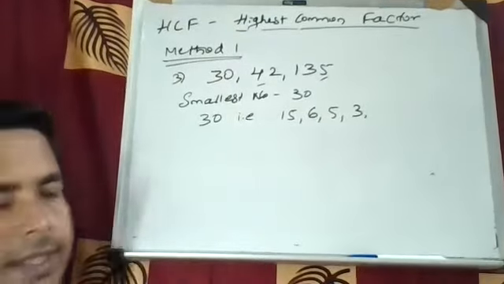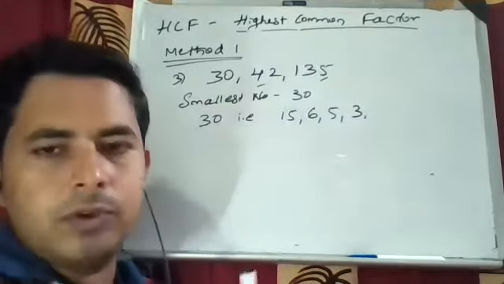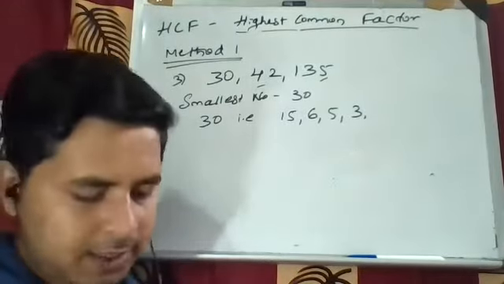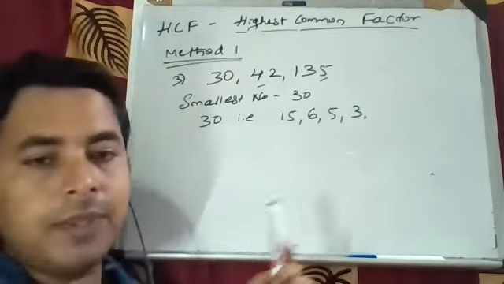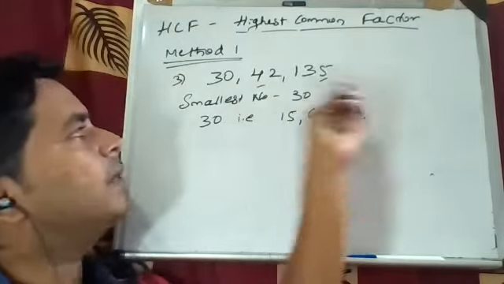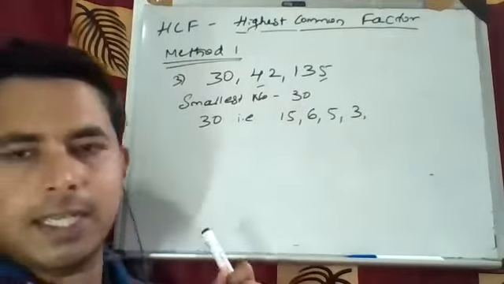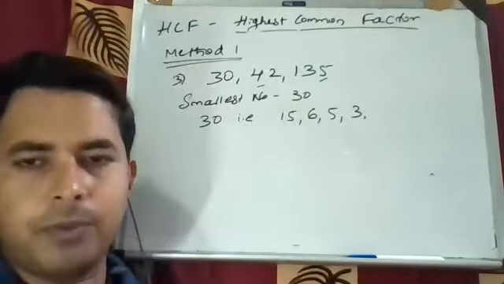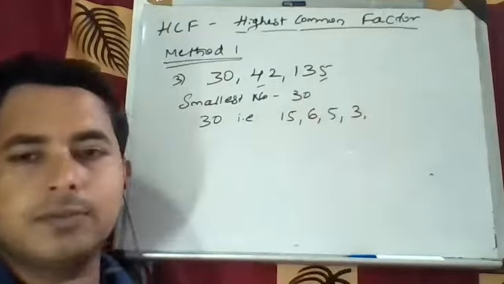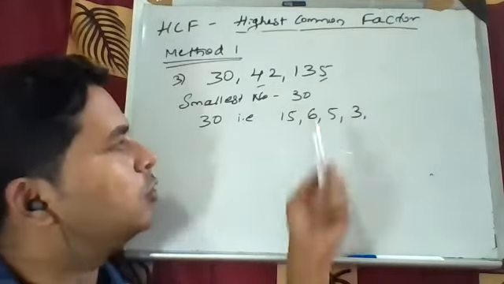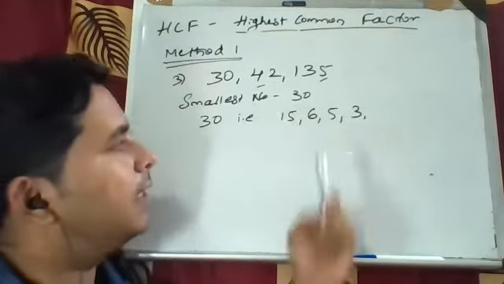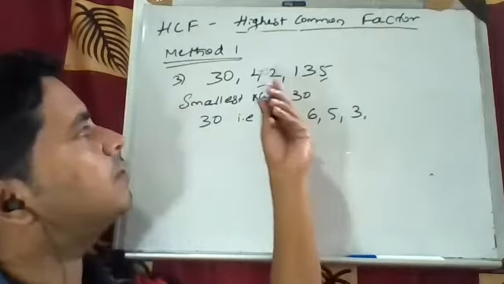Okay, so in this, take 15, the highest number. I will go with the highest number. So take 15: does my 15 divide all these numbers? If I take 15, it divides 30, but it does not divide 42. It does not divide 135. Okay, so 15 is cancelled. Take 6. 6 divides 30.